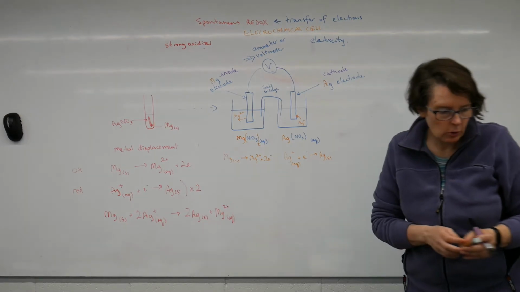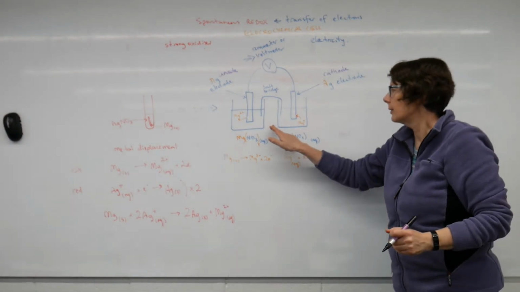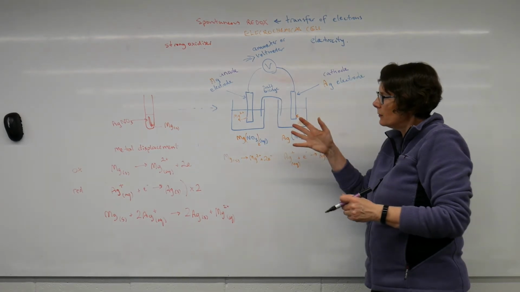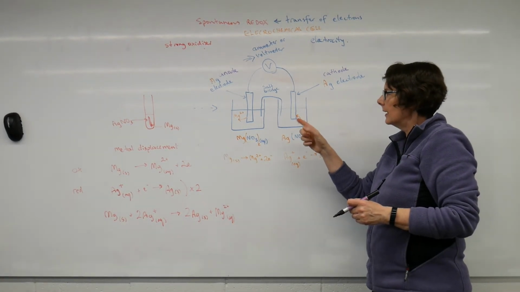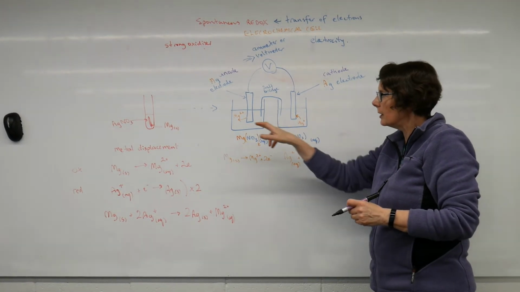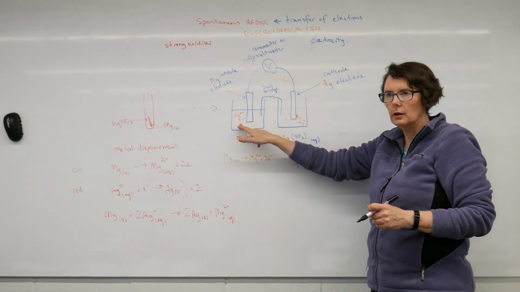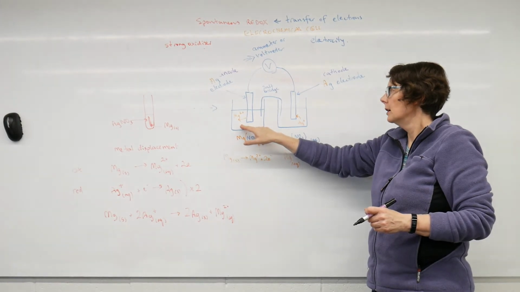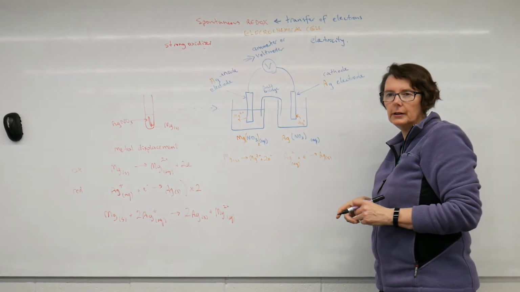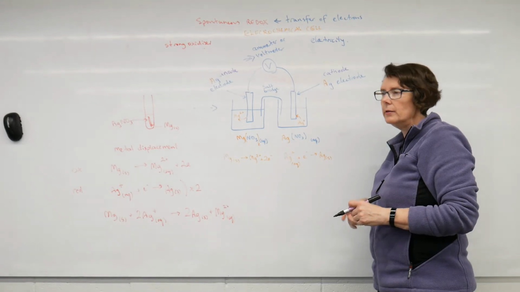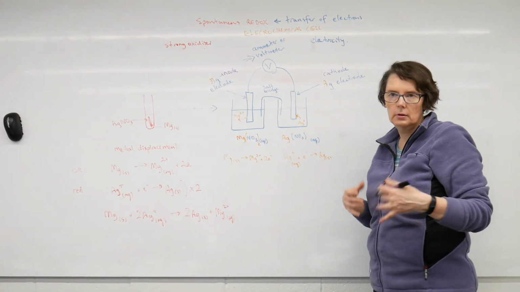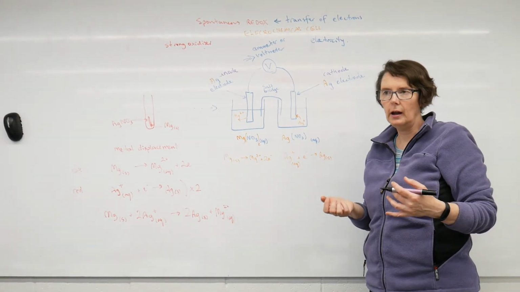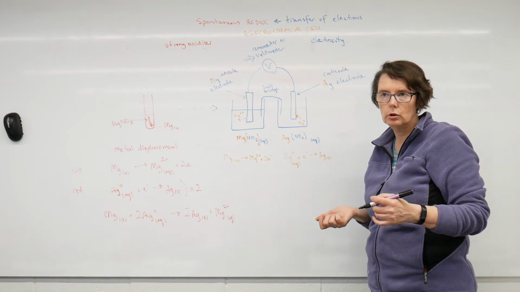Now, if we look a little bit closer at this diagram here, if I'm producing these magnesium ions at this anode, what's going to happen with the electrons? Where are they going to be generated and where are they going to travel to?